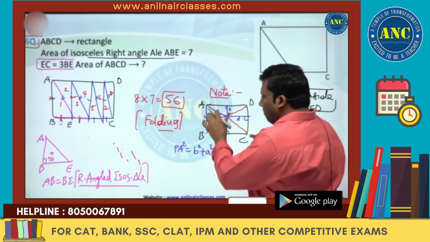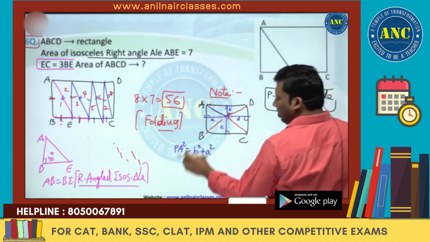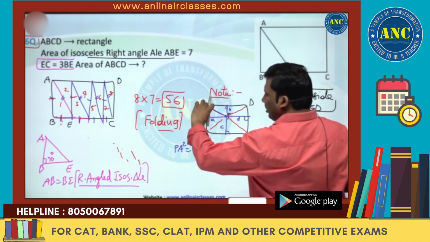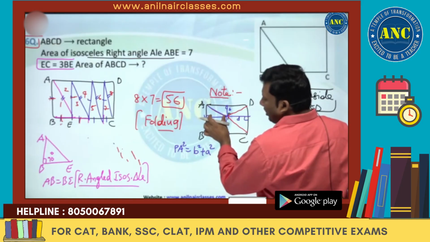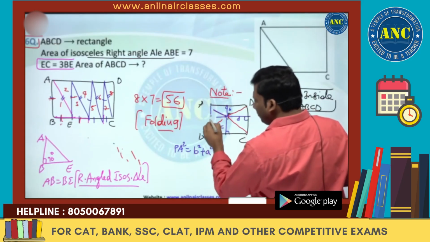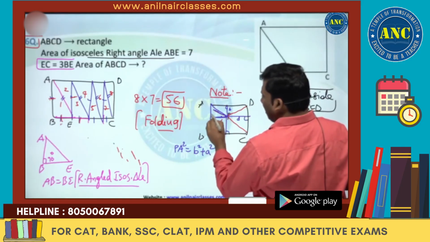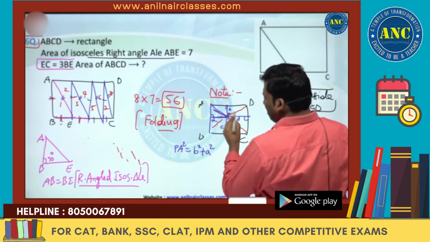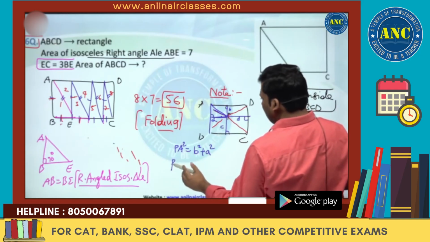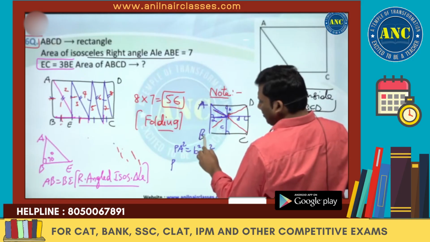PA is the hypotenuse. If this is the hypotenuse, this is equivalent to side square plus height square. Side square is A square and this is B square. I hope the idea is clear. So this is A.